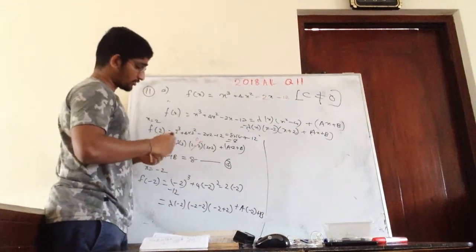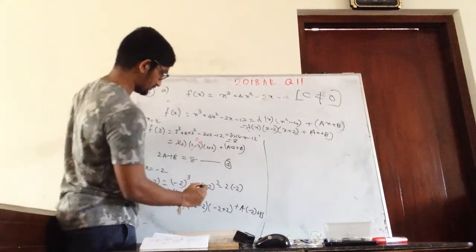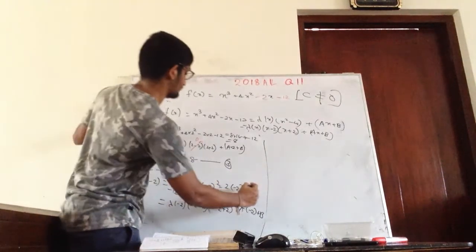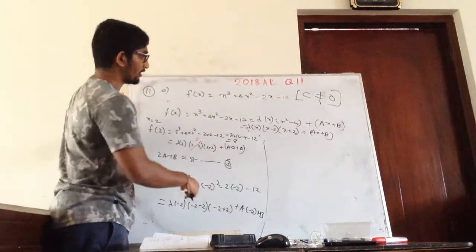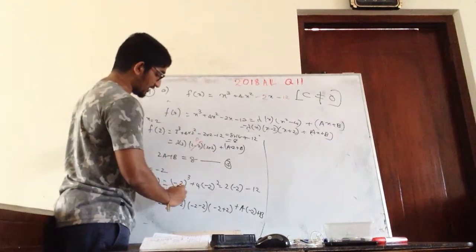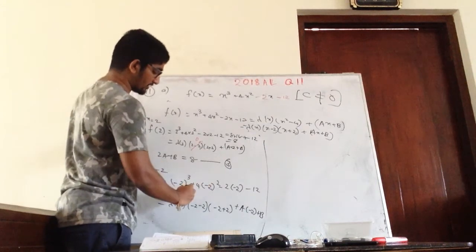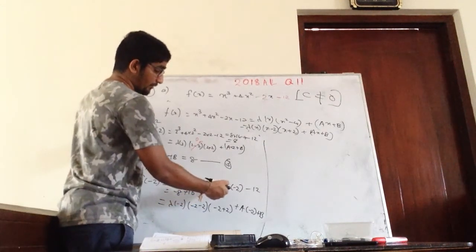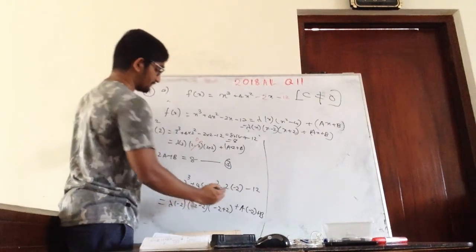Correct, no? So minus 2 cube is minus 8, 4 times 4 is 16, minus 2 into minus 2 is plus 4, minus 12.